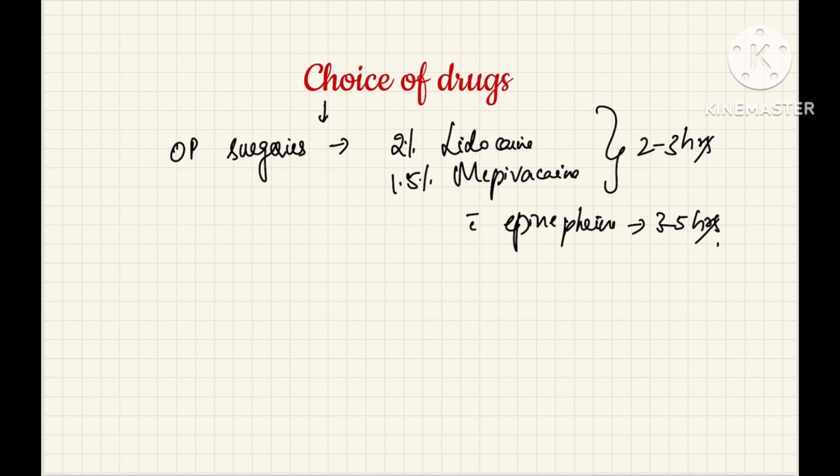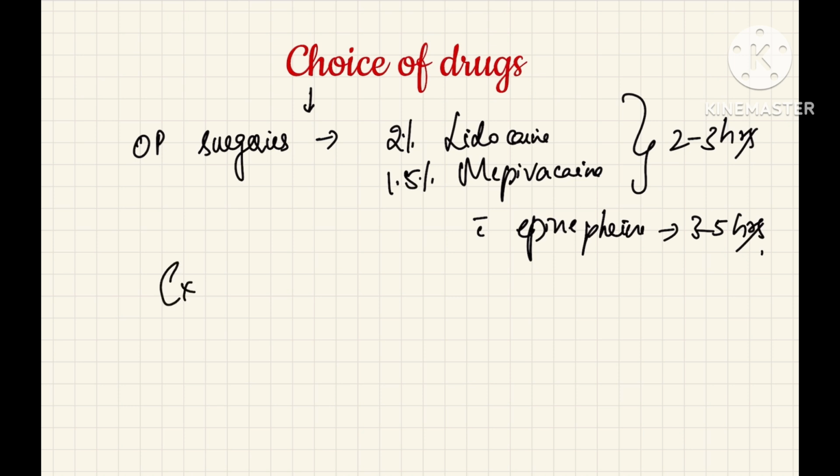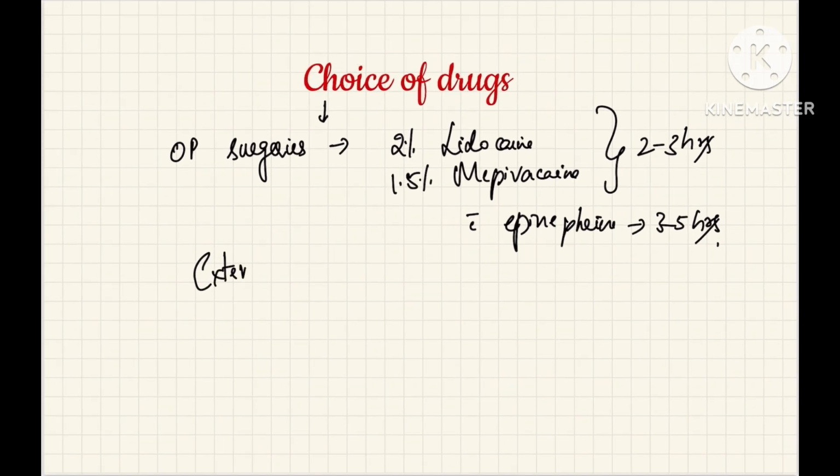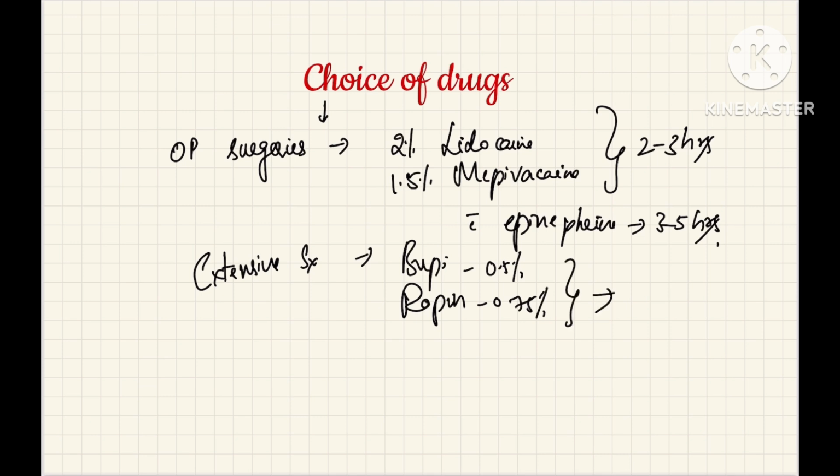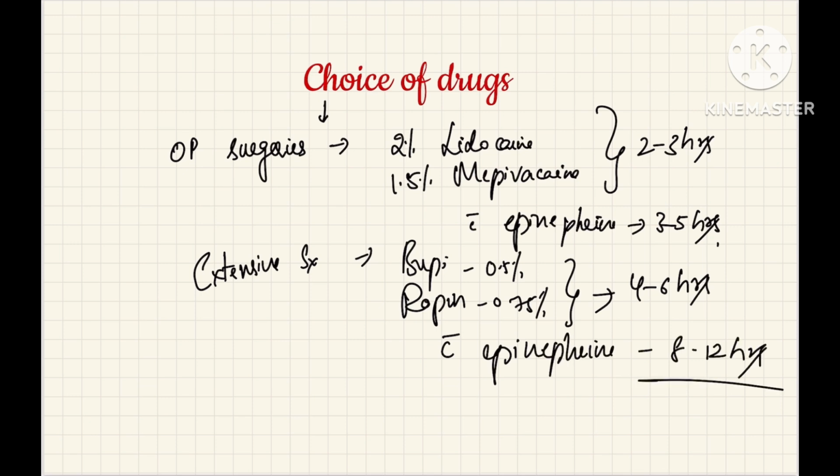For more extensive or long duration surgeries, we use bupivacaine 0.5% or ropivacaine 0.75%. If they are given plain, they give surgical anesthesia of up to 4 to 6 hours, and with additives, up to 8 to 12 hours.